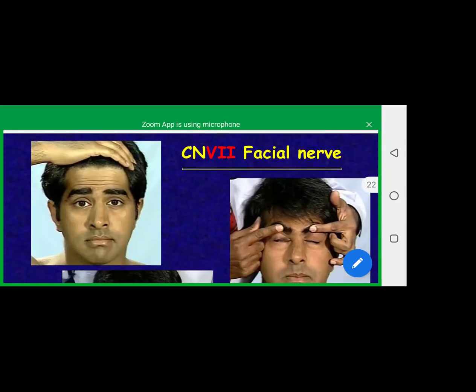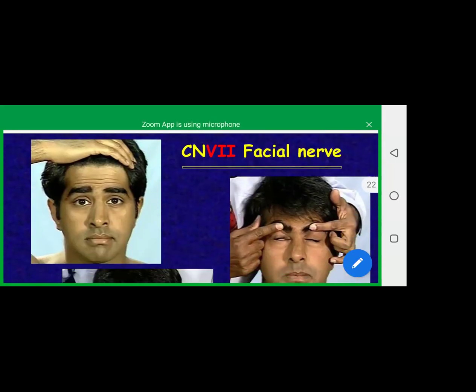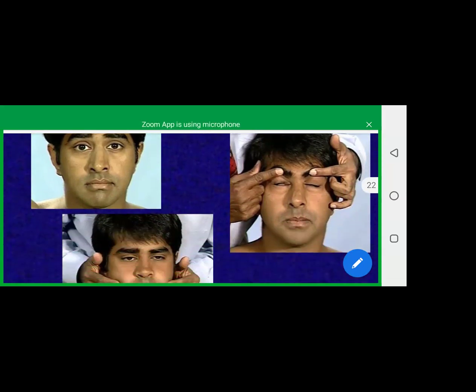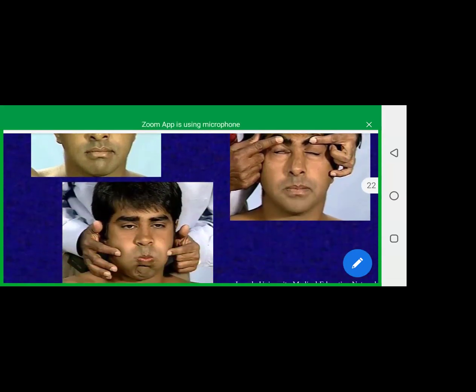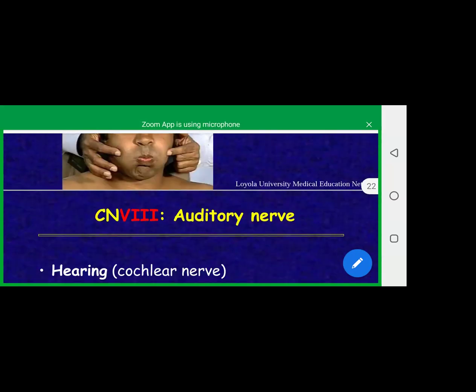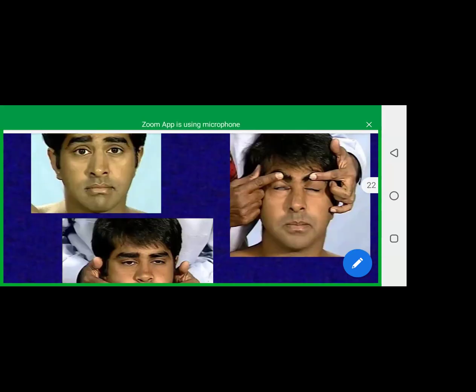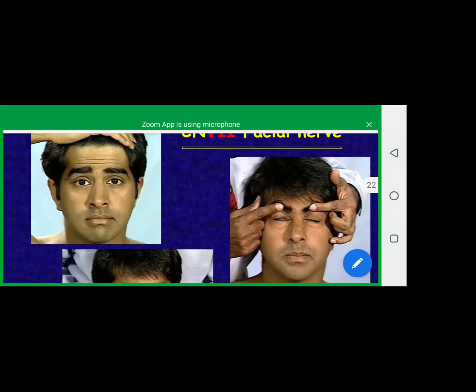Cranial nerve 7 is the facial nerve. So the first thing we do for the facial nerve is to look at the patient from inspection.